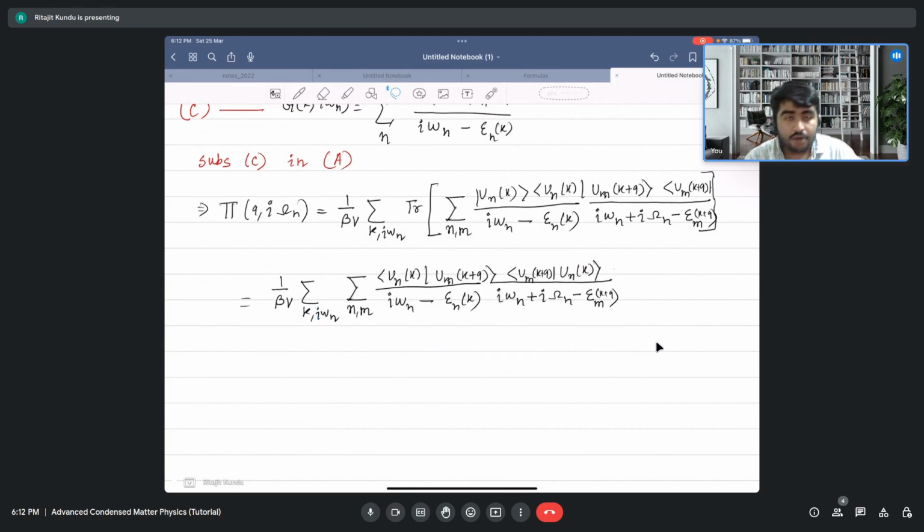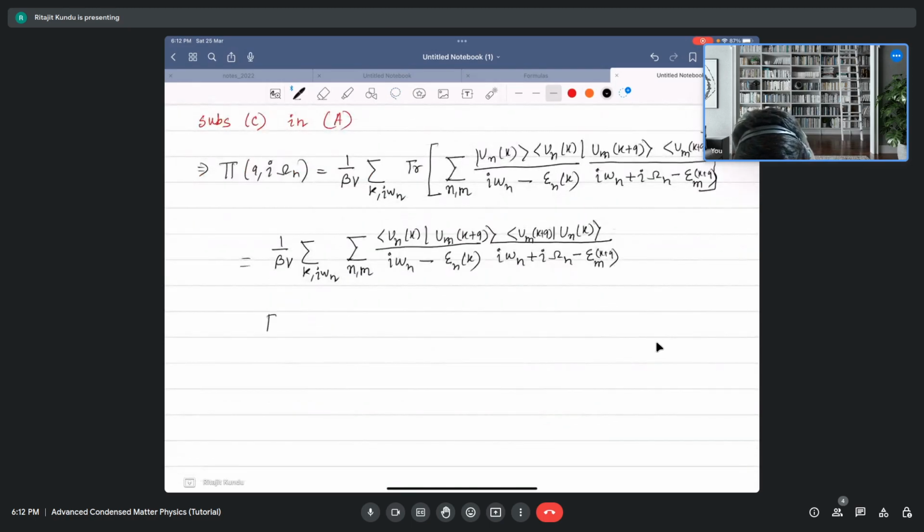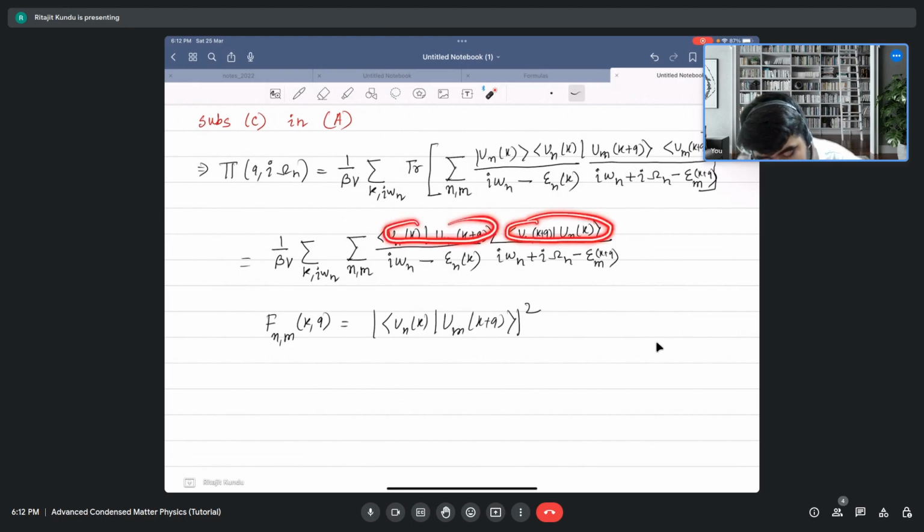Now things are a little bit simpler, and this kind of form we can do a Matsubara summation on. But before that, let's organize this a little bit. Let's call this F_nm(k,q), which is given by |<u_nk|u_m,k+q>| mod square. You see that this is just a mod square, and the other thing is just the complex conjugate of that, so it is a simple mod square.